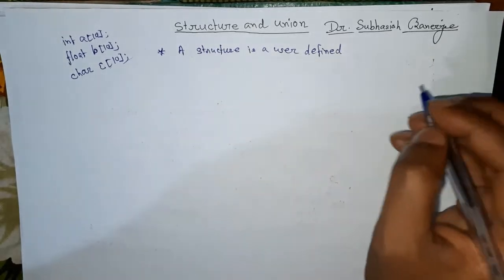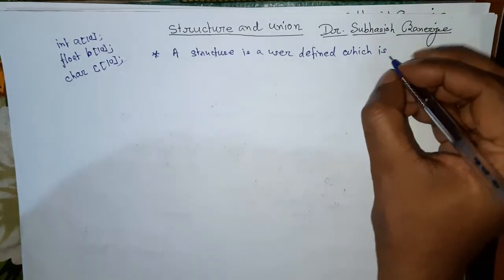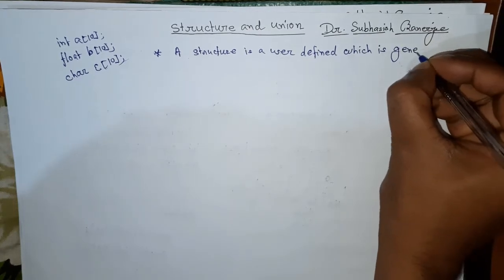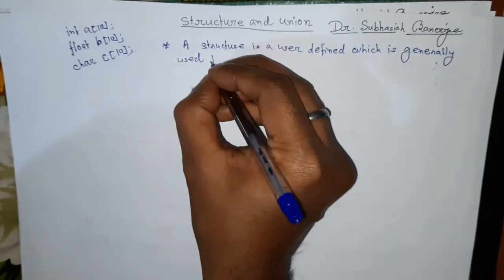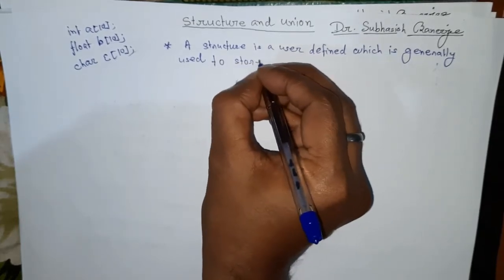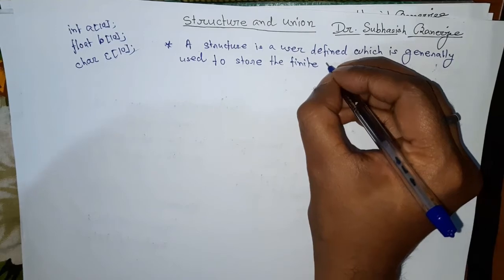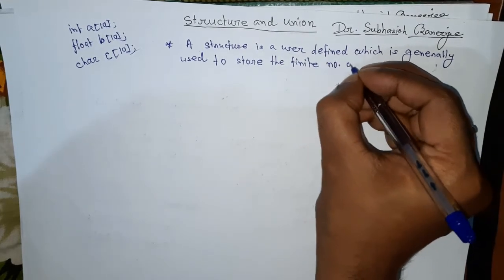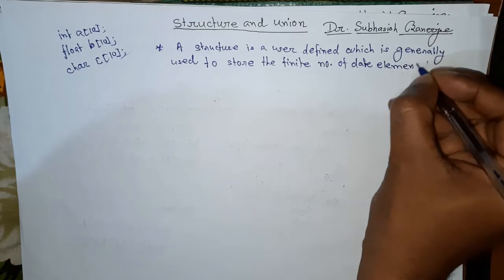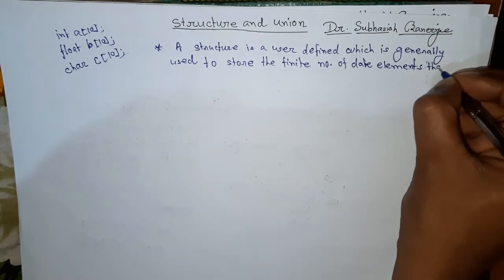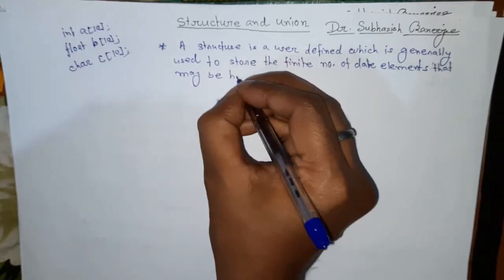So a structure is a user defined data type which is generally used to store a finite number of data elements that may be in heterogeneous form.